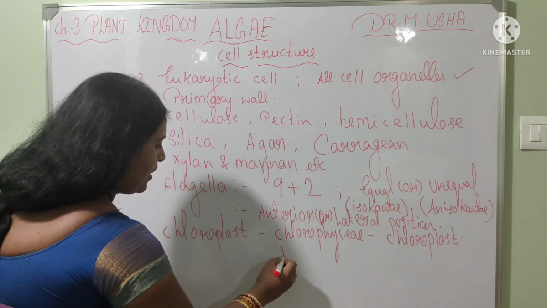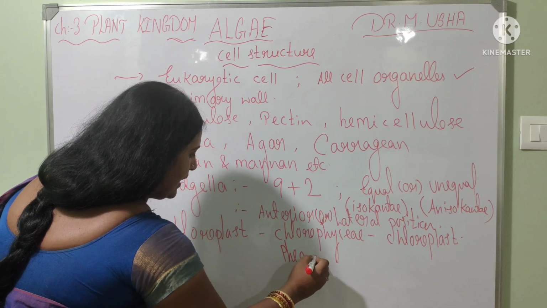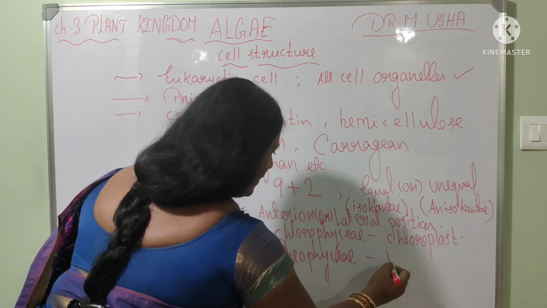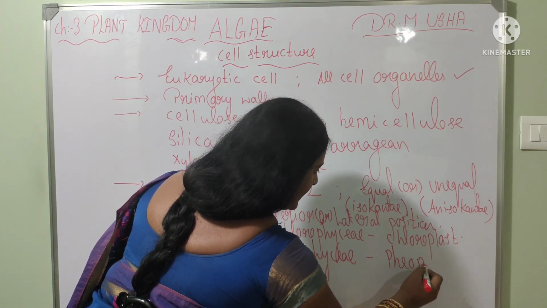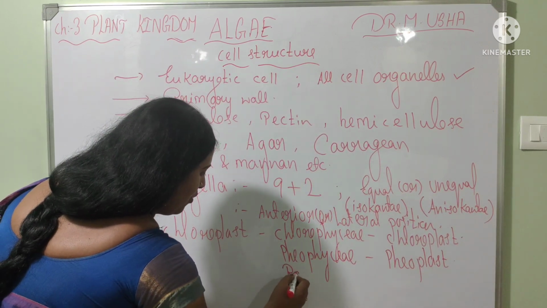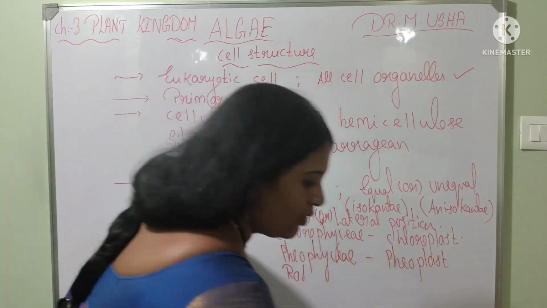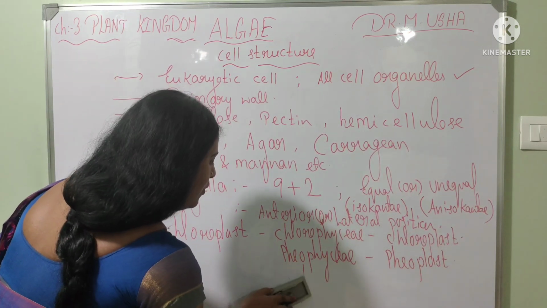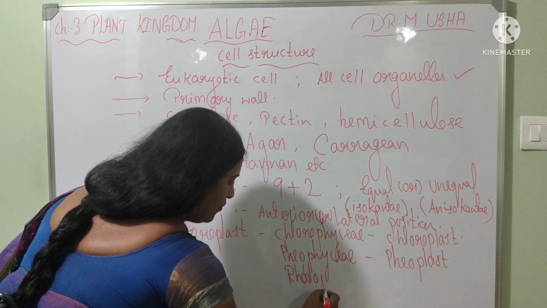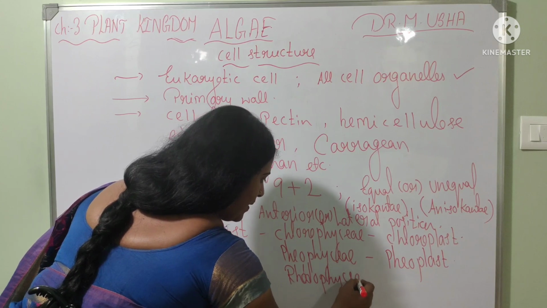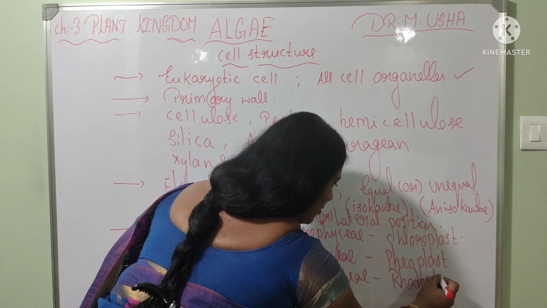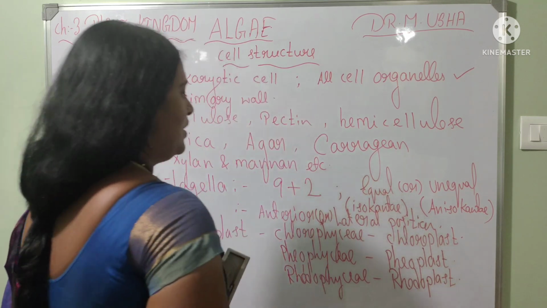But in phaeophyceae, the chloroplast is called phaeoplast. And in rhodophyceae, it is rhodoplast.